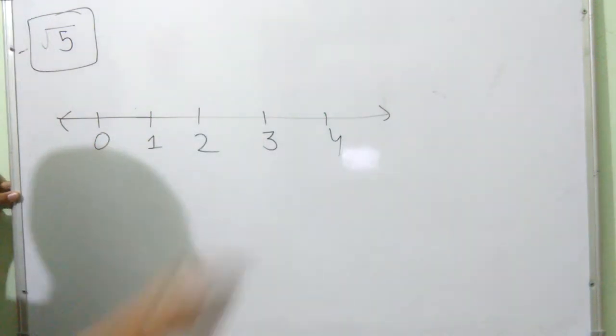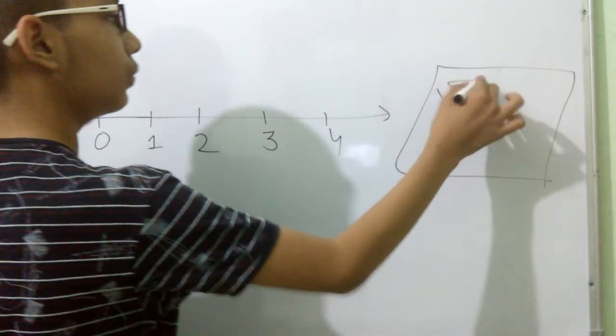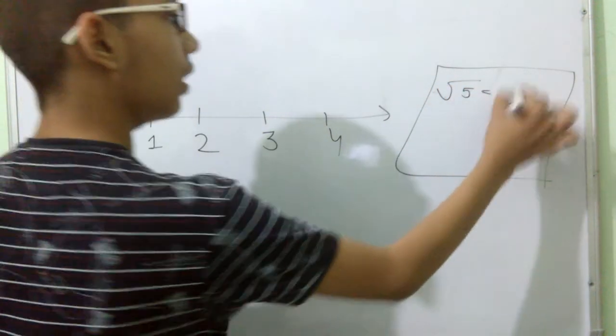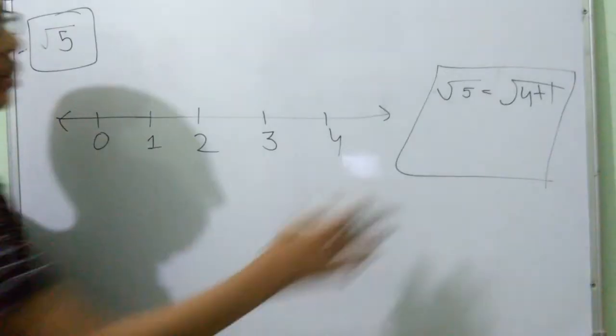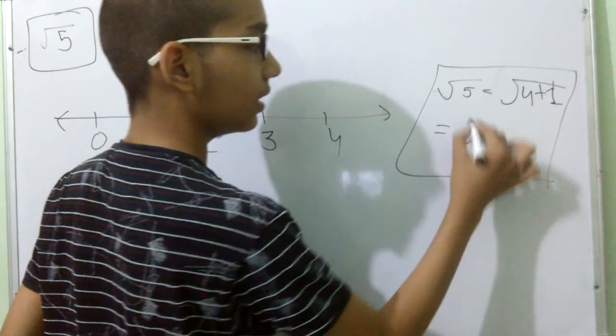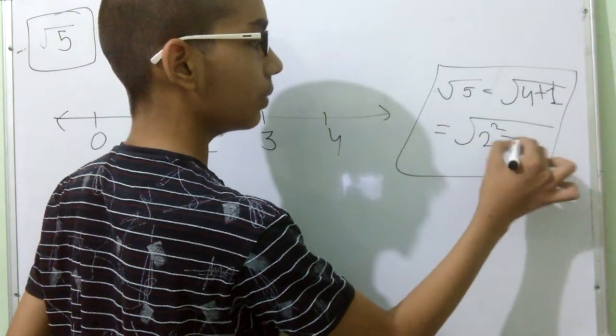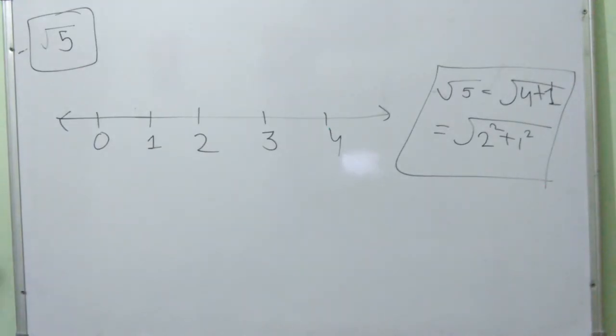Now see, root 5 means under root 4 plus 1. That means under root 2 square plus 1 square. You can write 4 as the square of 2, and 1 as the square of 1.